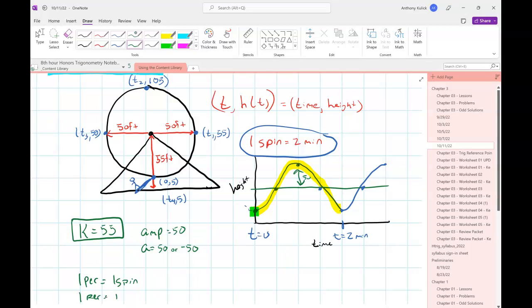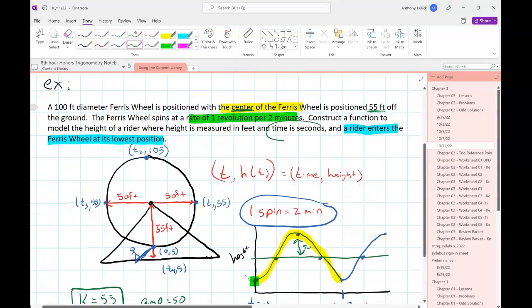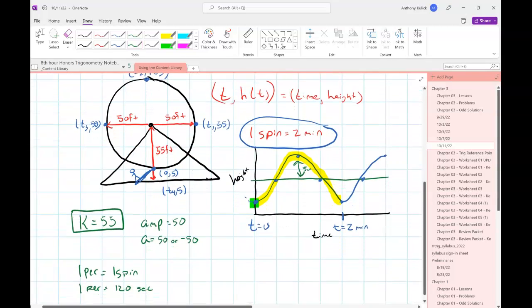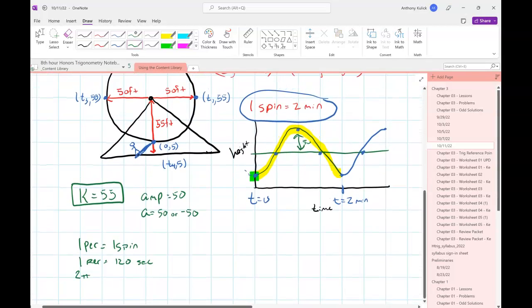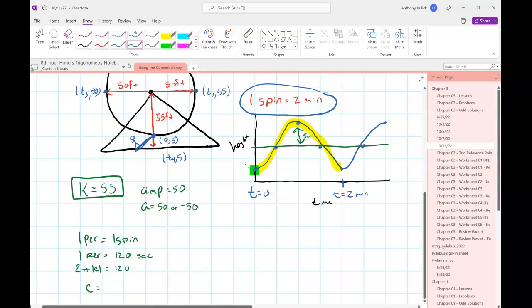So 1 period is, I'm going to do 120 seconds since it said to use t in seconds in the problem, right? Time is measured in seconds, so I'm going to write 120 seconds instead of 2 minutes. So 2 pi over absolute value of c is equal to 120. So c is equal to 60 over pi, or negative 60 over pi. But we always do the positive one. So far, so good.